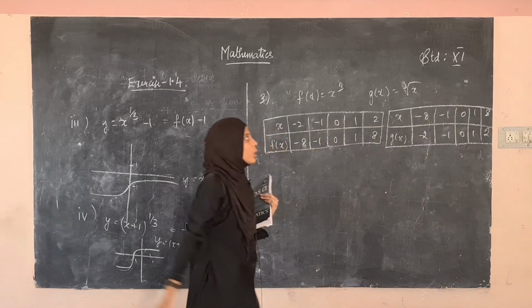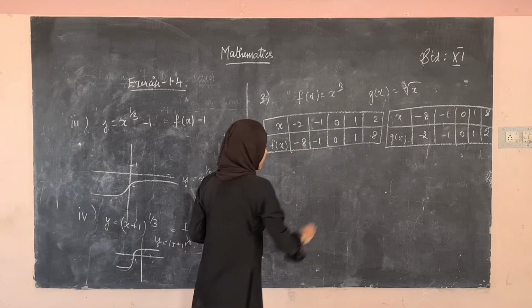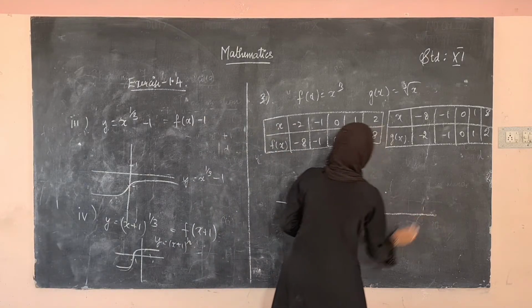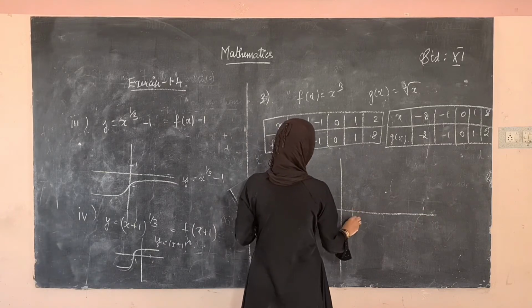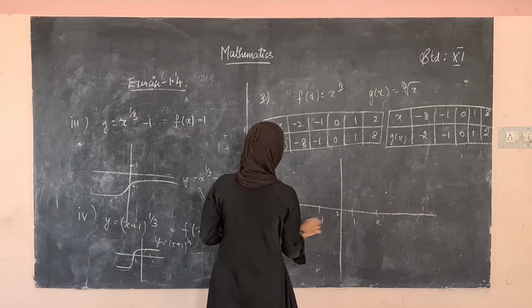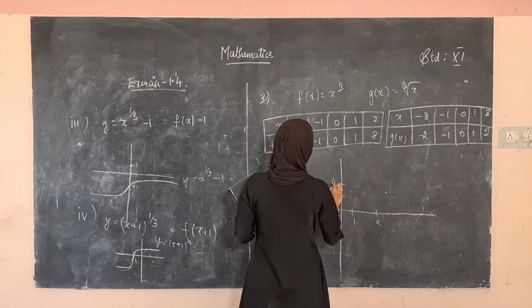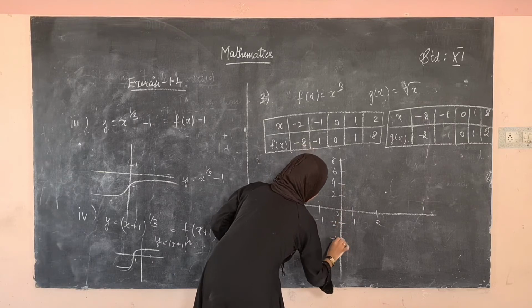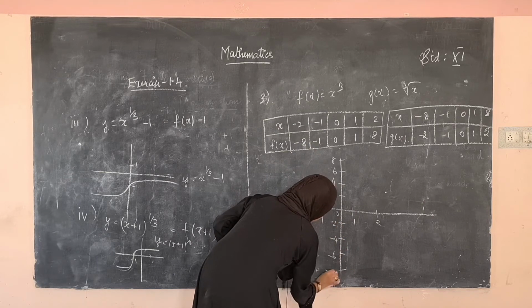Okay, now we are going to draw these graphs on a graph sheet. 1, 2, 0, minus 1, minus 2, 2, 4, 6, 8, minus 2, minus 4, minus 6, minus 8.